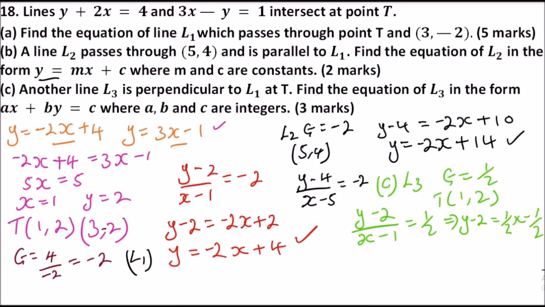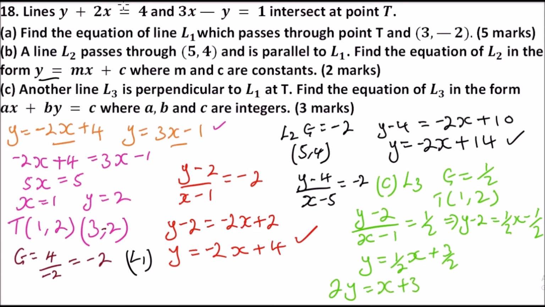We take 2 to the other side, so we have y is equal to a half x, and 2 becomes positive. So 2 minus a half will give you 1.5, which is the same as 3/2. Multiply throughout by 2, you have 2y is equal to x plus 3.